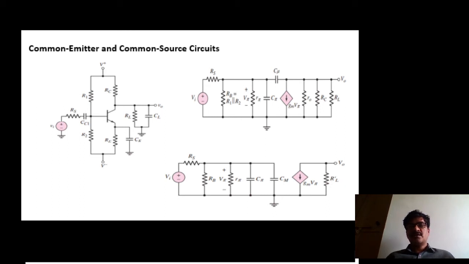Okay. Now let us see first of all the Miller capacitance value. Miller capacitance value is given as the feedback capacitance C mu into 1 plus AV.